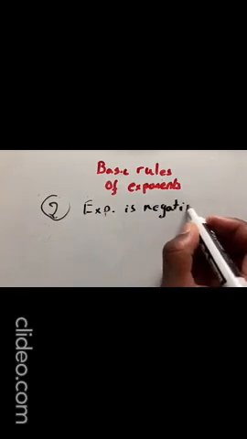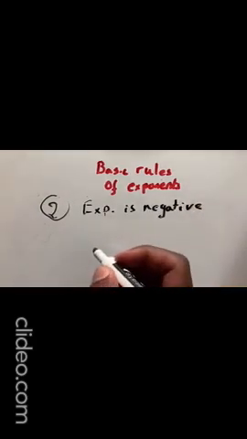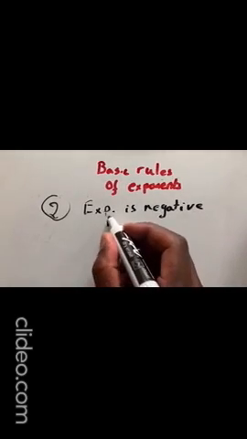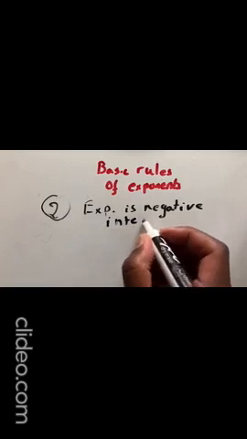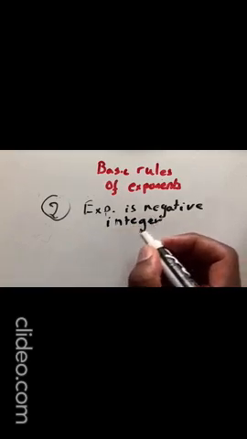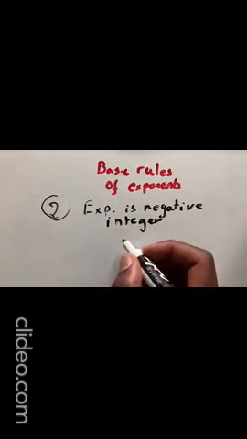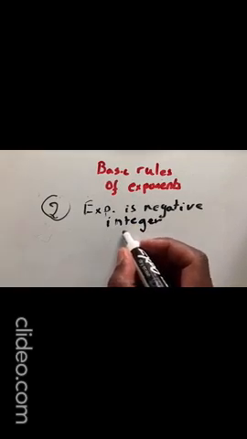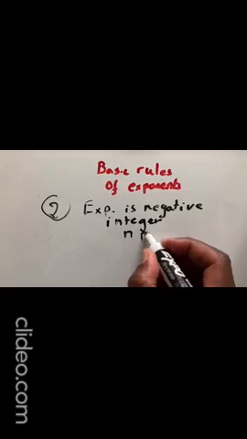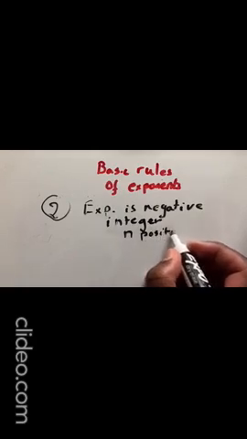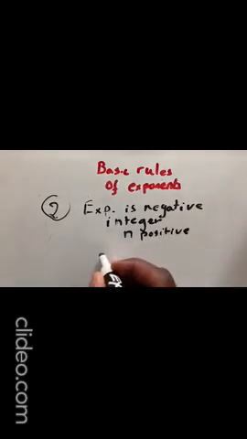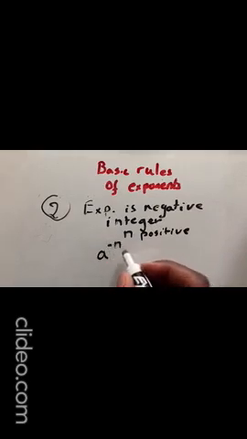So it was positive before, now it's negative, or it's a negative integer. It's a whole number. So we have a case where n is still positive. So let's say we take the case a to the minus n.